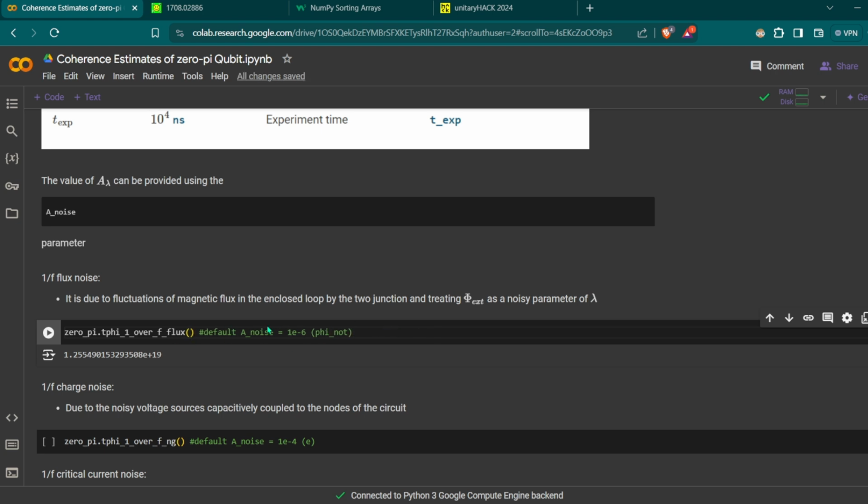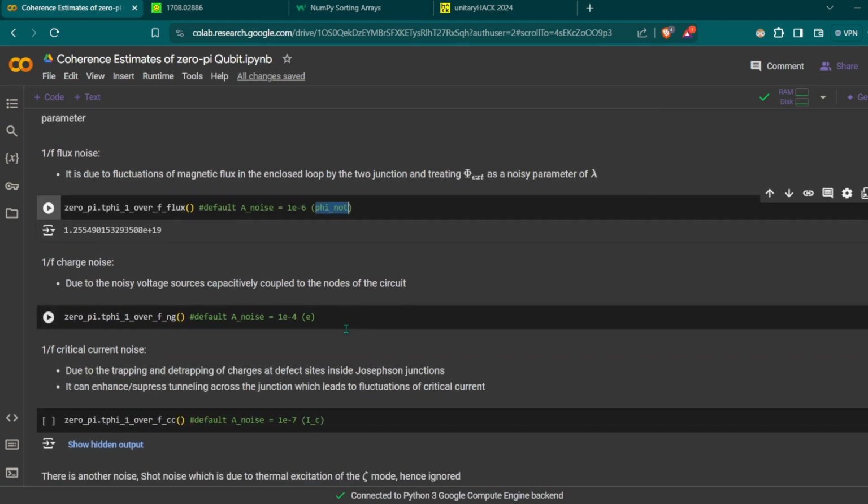The default A_noise for this 1/f flux noise is 10 to the power minus 6 in units of phi naught, as mentioned. There is another type of 1/f noise, which is the charge noise, due to noisy voltage sources capacitively coupled to the nodes of the circuit.